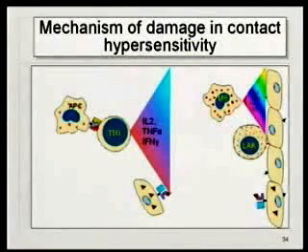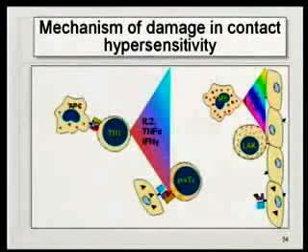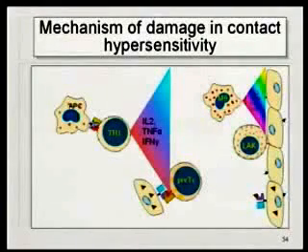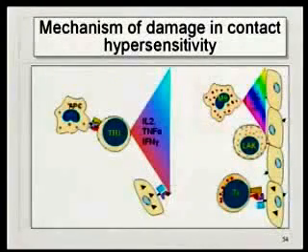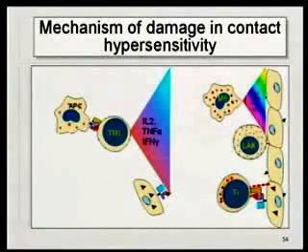Then, of course, there are fibroblasts that have also got class 1 antigens, and they are going to recruit pre-TC cells, and they are going to get activated. And once they are activated, they have got more of these granules, and these granules, perforin and granzymes, are going to cause damage to the local area.